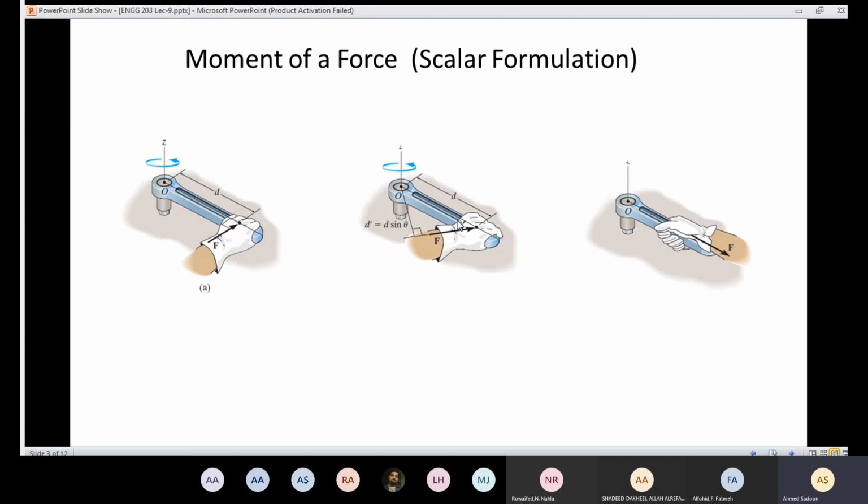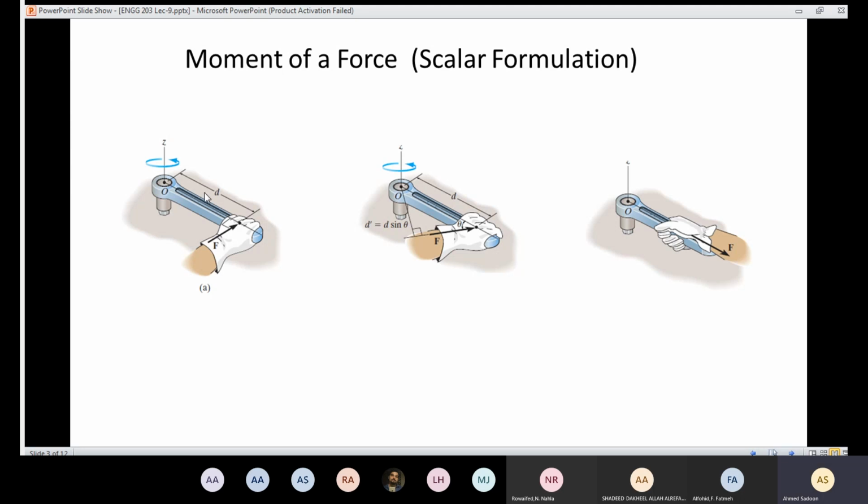If the force is not making 90 degrees, that means the distance here is no longer a perpendicular distance. The perpendicular distance is going to be here. And in order to calculate that distance, the distance is going to equal d times sine theta. And we know that sine theta cannot be more than 1, which means that the length here is going to be shorter. And if the length is shorter, that means the amount of the moment is going to be smaller, because we decrease the perpendicular distance.